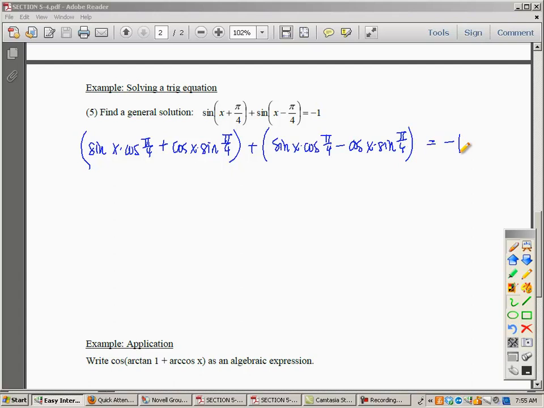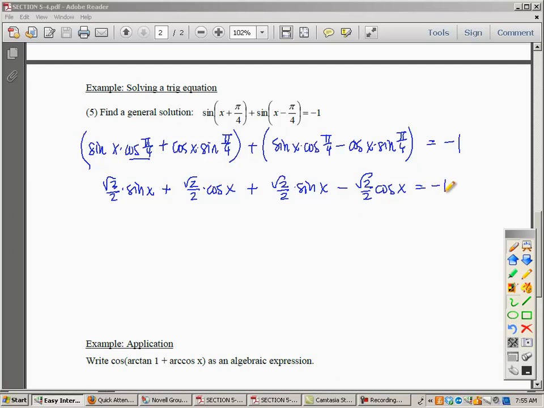Now you can go at this a couple of different ways. I'm going to just get rid of the pi over 4s because I know I can find those exact values. Like the cosine of pi over 4 is the square root of 2 over 2 times the sine of x plus the square root of 2 over 2 times the cosine of x plus the square root of 2 over 2 times the sine of x minus the square root of 2 over 2 times the cosine of x equals negative 1.